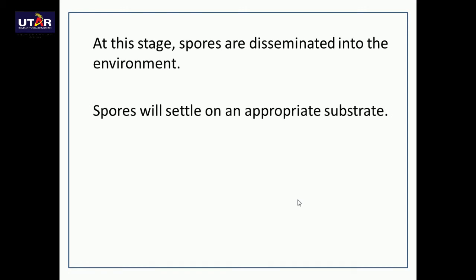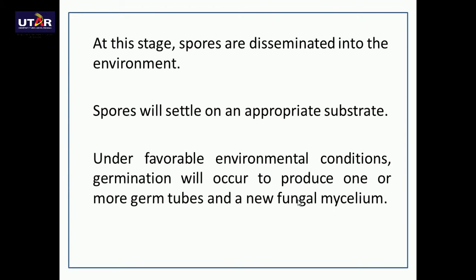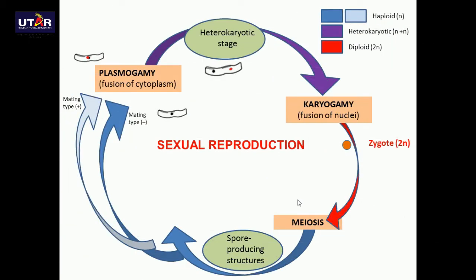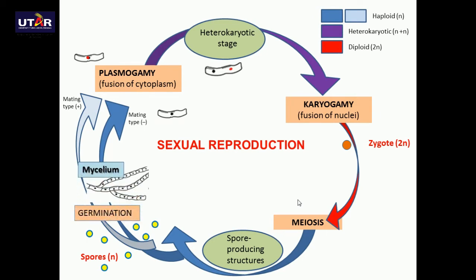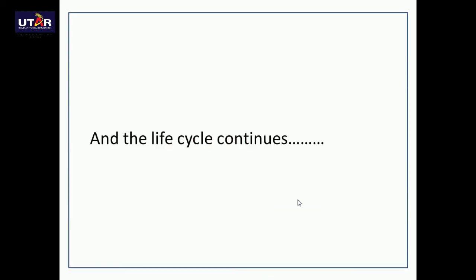Under favorable environmental conditions, germination will occur to produce one or more germ tubes and new fungal mycelium. And the life cycle continues.